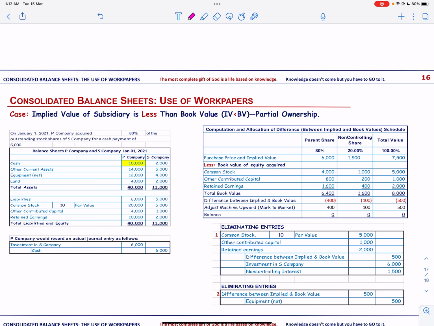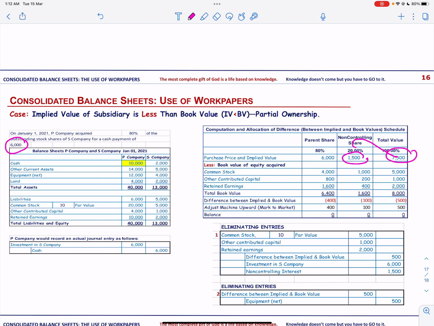On January 1, 2021, P company acquired 80% of the outstanding common stock of S company for 6,000 in an investment in S company. The implied value of subsidiary is thus 7,500, that is 6,000 divided by 80%. The non-controlling interest is 1,500, that is 20% of 7,500.